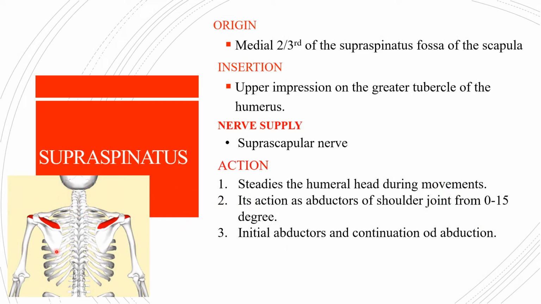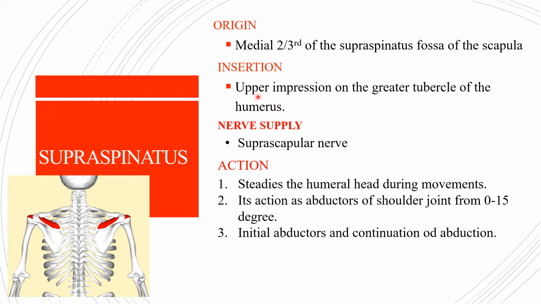Now we can see supraspinatus. Here is the scapula, you can see the posterior part of our body. There are two fossae, the supraspinous fossa and the infraspinous fossa. The supraspinatus originates from the medial two-third of the supraspinous fossa of the scapula. Where does it insert? Here is the greater tubercle, which has three impressions: upper, middle, and lower.